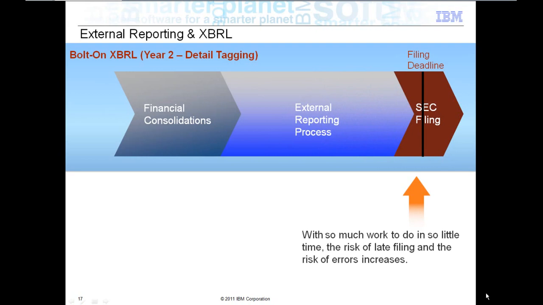Now, adding on to the fact that you're going to have an increase of tags anywhere from 5 to 10 times within estimates, there is so much other work to be done, but yet little time to actually make all of that happen. So the risk of late filing and the risk of errors increases.